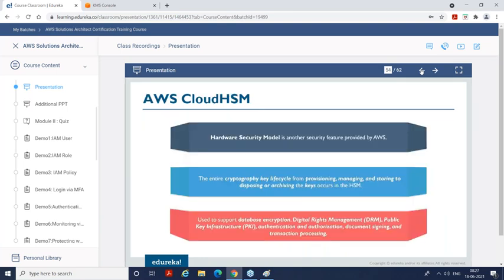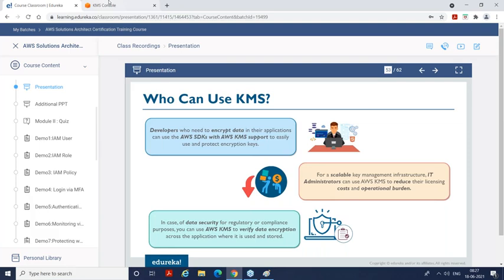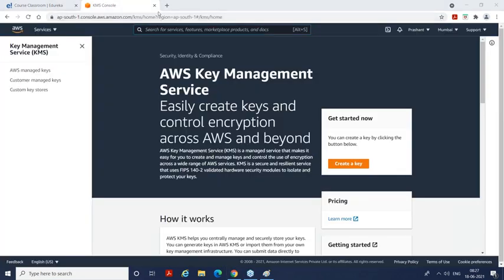I'm saying this because a lot of people are not coming from a security background, so you might have very limited visibility into this subject. So I'm trying to share as much information as possible so that you have some basic understanding of what encryption is all about. Humble request from my side.